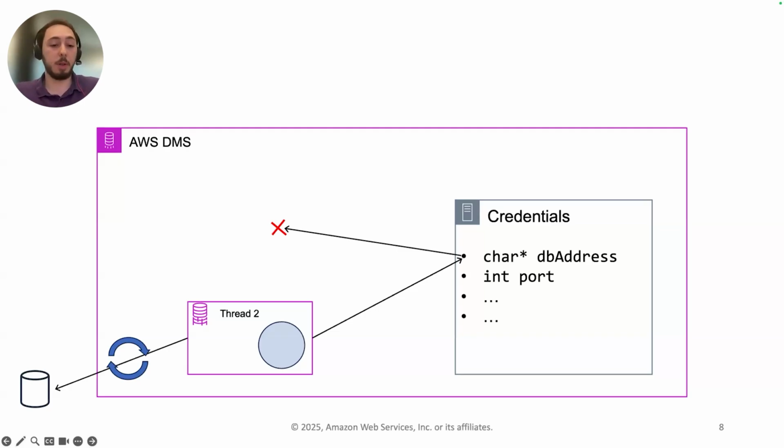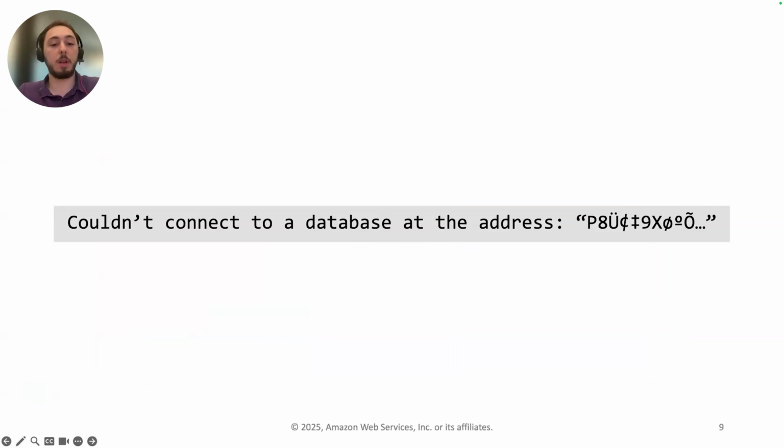So if some new thread or existing thread wants to connect to the database, they cannot, because nobody knows the address. So that's why next time somebody tries to connect, we get this following error, that there's a gibberish address.